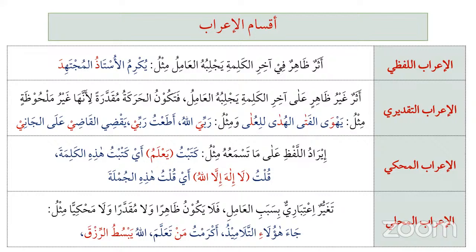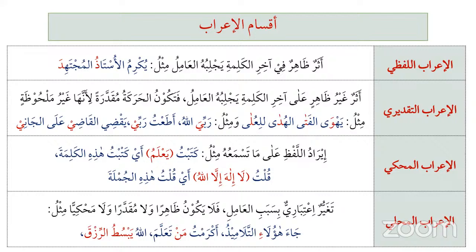Everybody agree? Or you can disagree? Agree. Okay. Yabsutu rizqa is experiencing the state of raf. Why? Because it's khabar. So the i'rab is mahalli, positional. Why? Because this sentence finds itself to be in a position of khabar. Hence the jumla is fi mahalli raf.